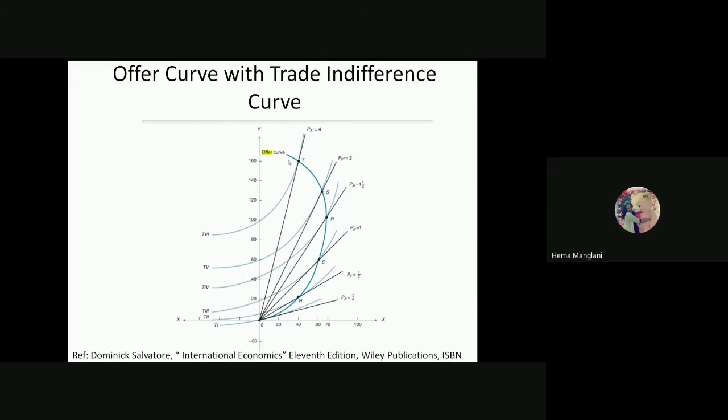If they have more demand for Y, they will go outward. If they have less demand for Y, they will go inward. So that whole process depends on the elasticity approach for this nation, or any nation offering a commodity for export. The income effect and the opposite substitution effect both work out with each other, and only then is this offer curve shape derived like that.